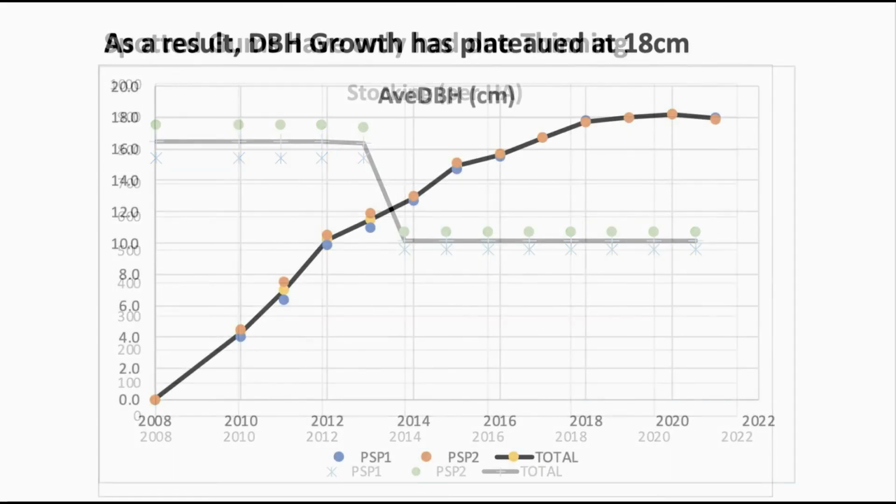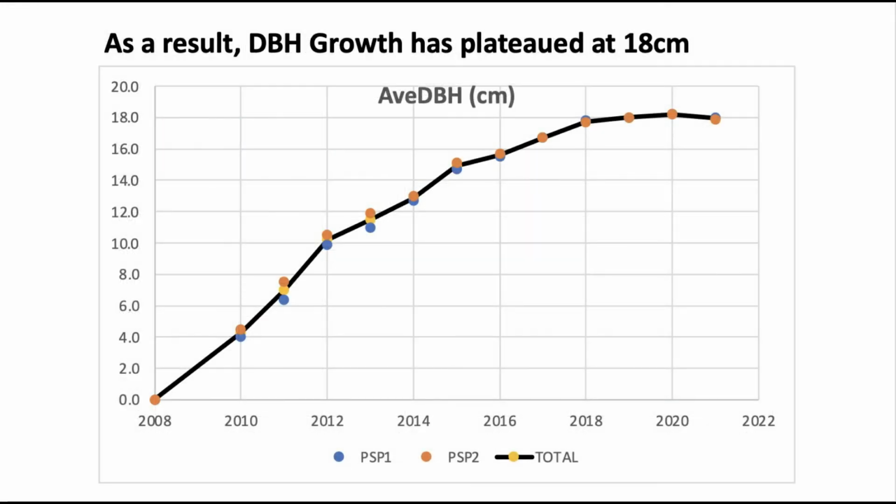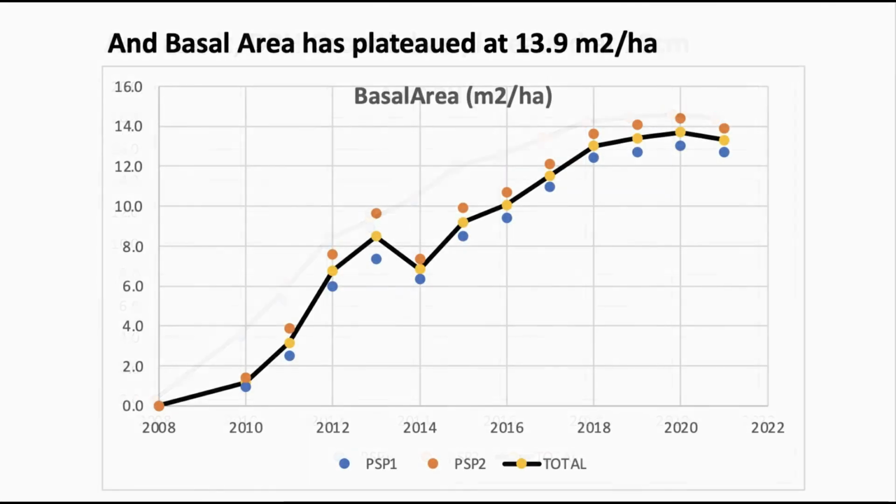As a result of only having that one thinning and the delay caused by COVID, the DBH growth has now plateaued at about 18 centimetres, and it's been that way for about 3 years now. At the same time, the basal area has plateaued at about 13.9 metres squared per hectare. In fact, it may even be starting to fall a little.